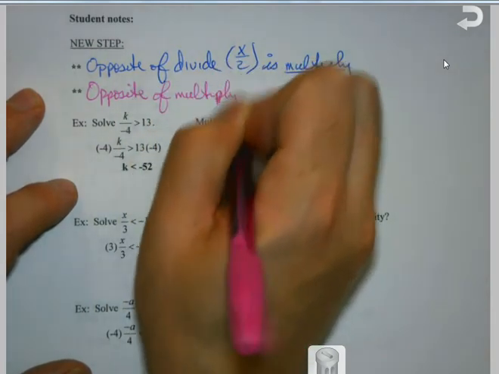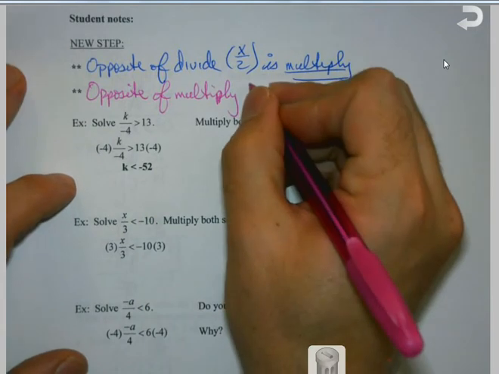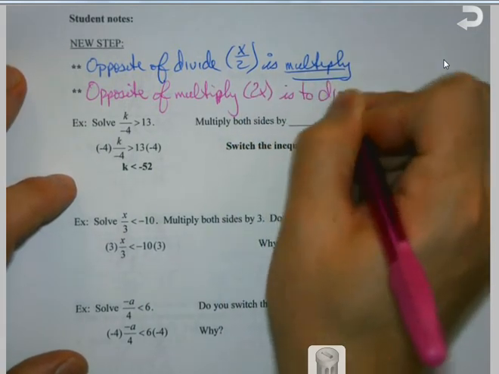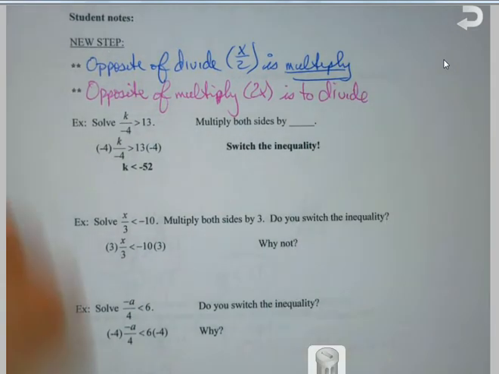Oops, I gotta learn how to spell multiply here. Multiply is to divide. They're opposites, okay? And it's going to continue to be whatever I do to one side, I got to do to both.